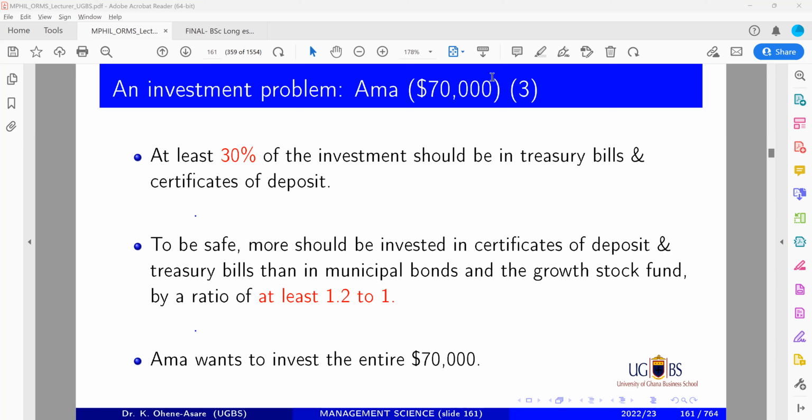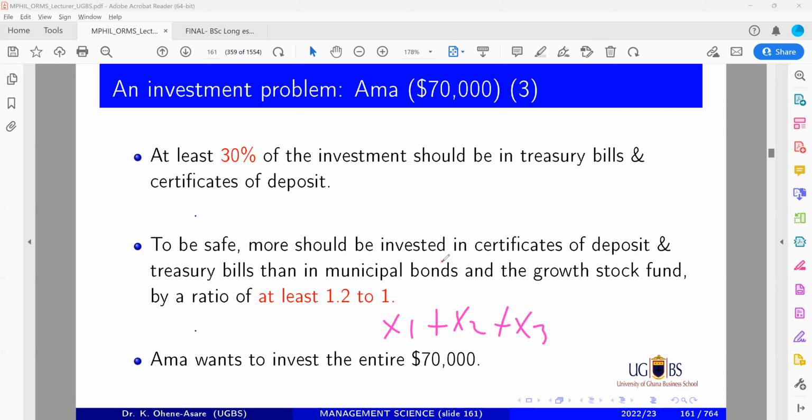So now let me go to the last constraint. Kwajo, Daniel. So it means the sum of the individual investments or deposits should be equal to the $70,000. Which means X1 plus X2 plus X3 plus X4 should be equal to $70,000.